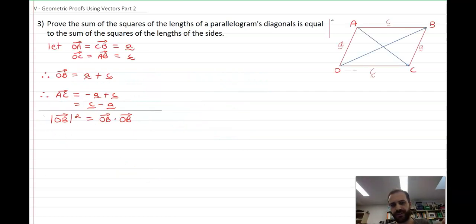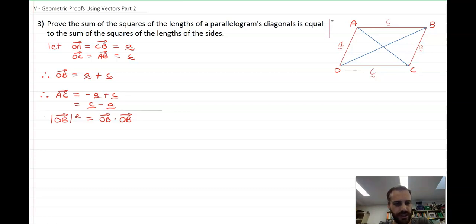Parts of this are going to feel a little bit familiar. We're going to take vector OB, that's the diagonal there, and we're going to square it. Now that's going to be equal to OB dot OB, because that's the dot product, and squaring gives us that.